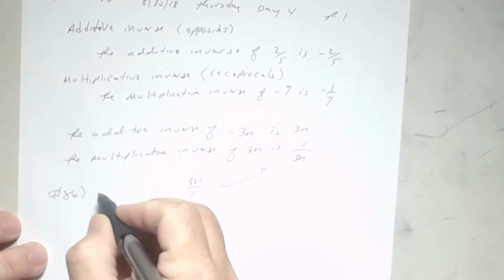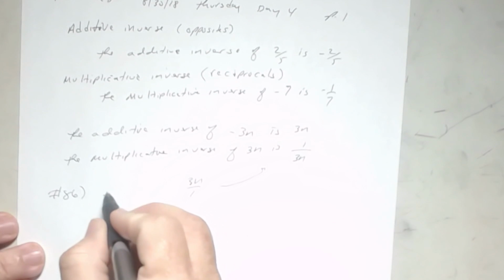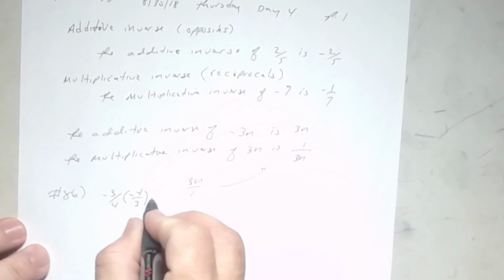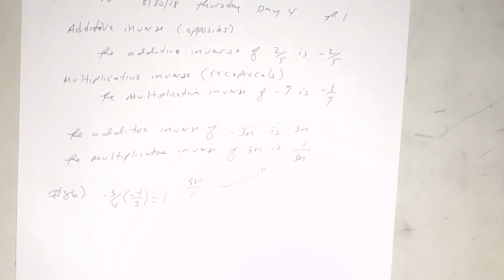So if you had something like this, and this is number 86, and you had -3/4 times -4/3, and you're told that's equal to 1.